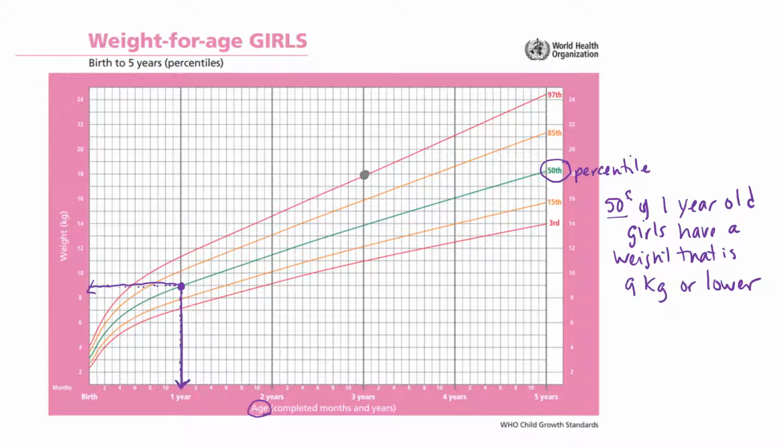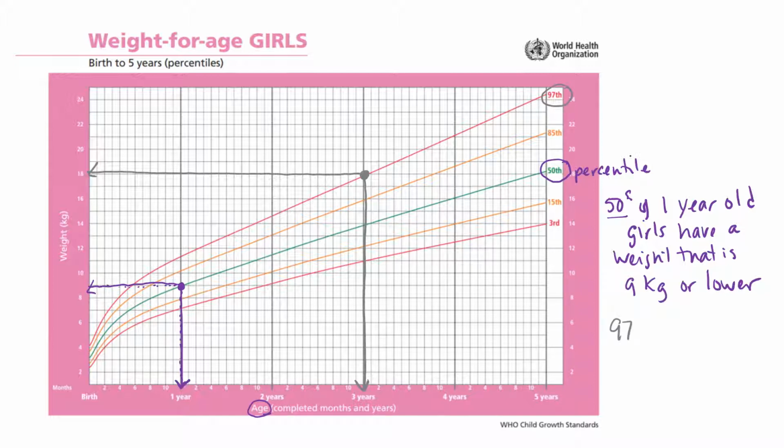Let's try that again. Let's take this one. This represents a child that is 3 years old and a weight that is 18 kilograms, and it is on the 97th percentile.